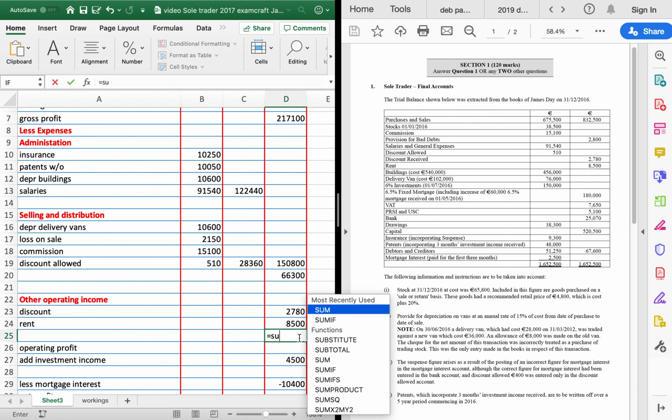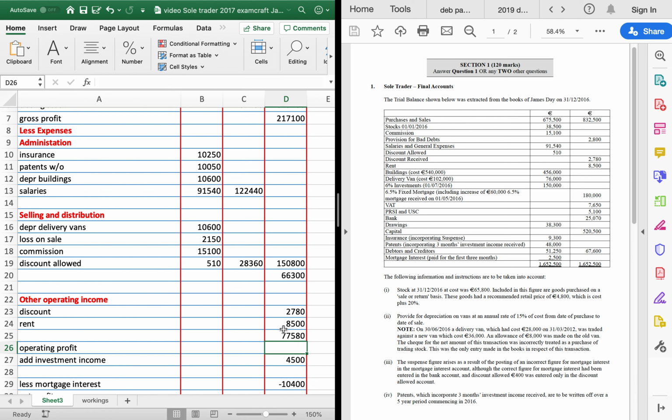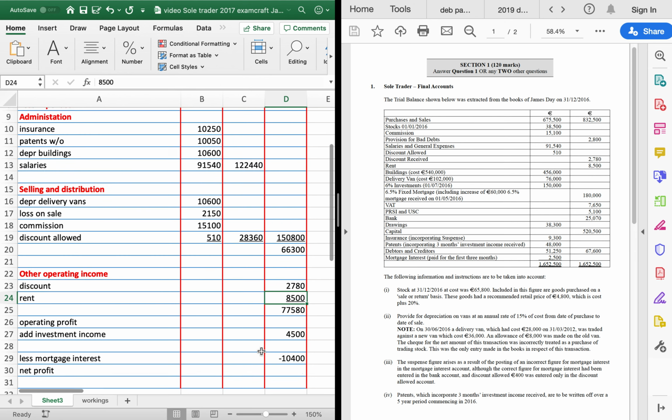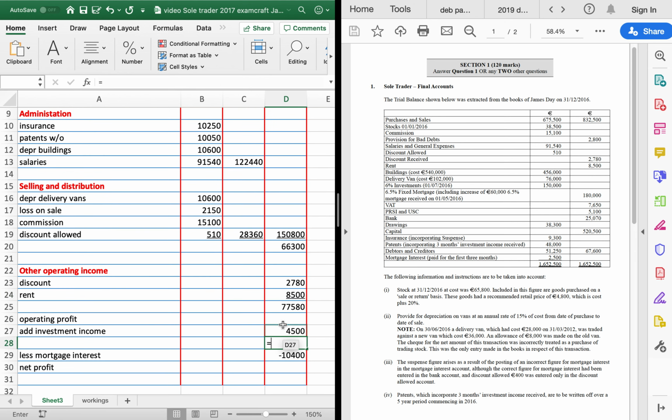Add on your other operating incomes. Okay, like so. Right, add on your investment income. Take away your mortgage interest and you get 71,680. Don't know if that's right or not.